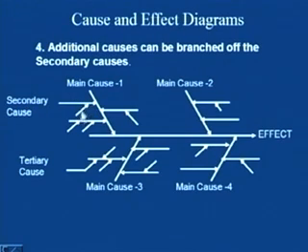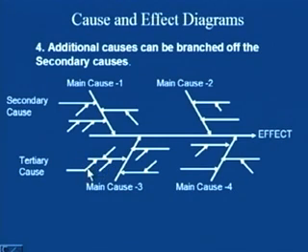Secondary cause is horizontal, and the tertiary cause we add here. Like that we add the tertiary reasons in all the secondary causes wherever possible, in main cause 1, 2, 3 and 4. These are the tertiary causes. So, we keep on adding the causes.